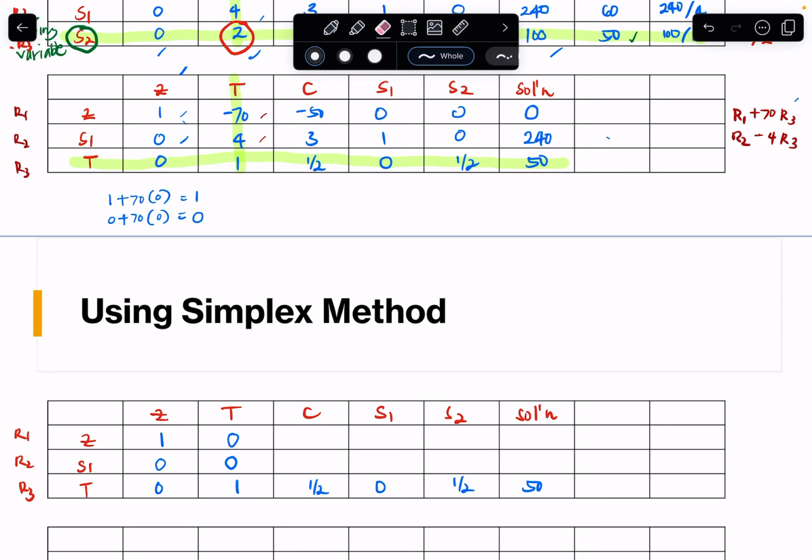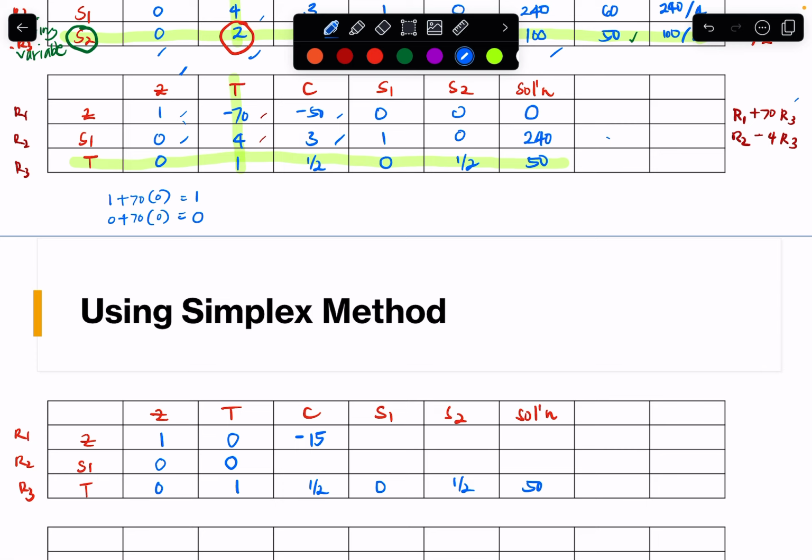Then we have negative 50 plus 70 times 1 half. 70 times 1 half is 35. Negative 50 plus 35 is negative 15. And for this one, 3 minus 4 times 1 half.